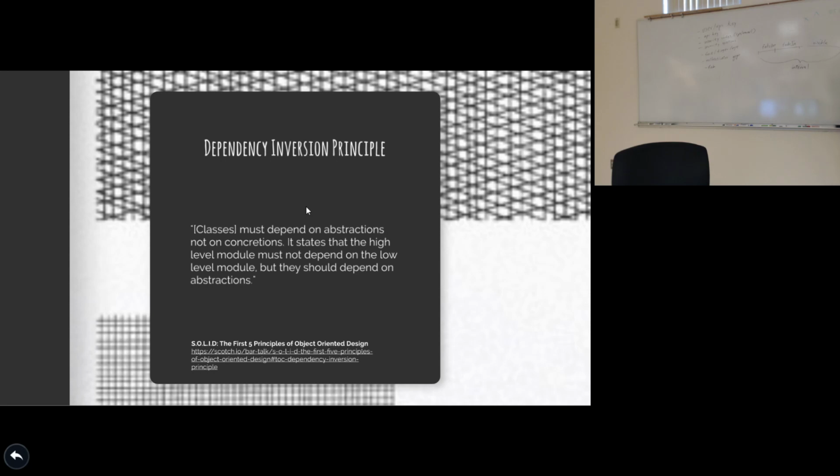Because how does the login system now get this email sender object? Because it can't say new SendGrid object. Because if it said new SendGrid, well, now it knows about SendGrid.